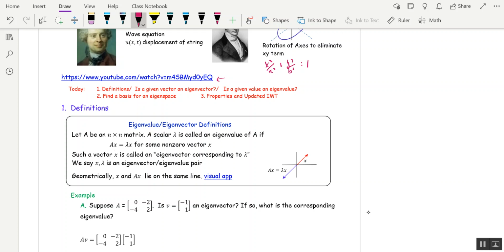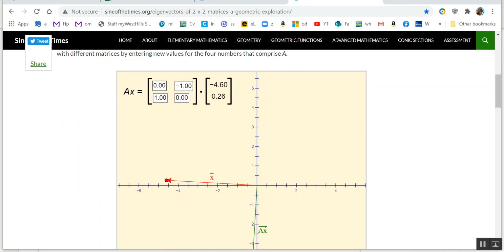It's important that x is non-zero. Eigenvectors cannot be zero. Eigenvalues can be zero.